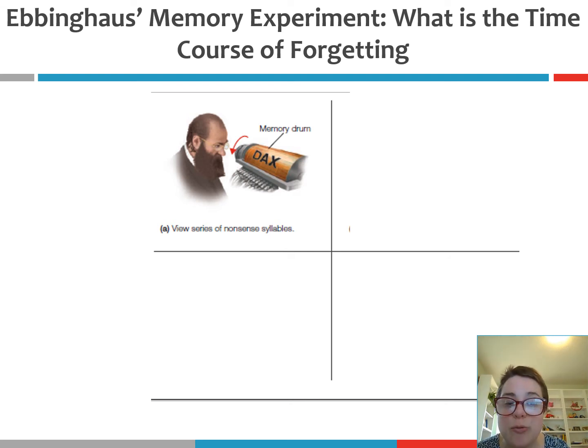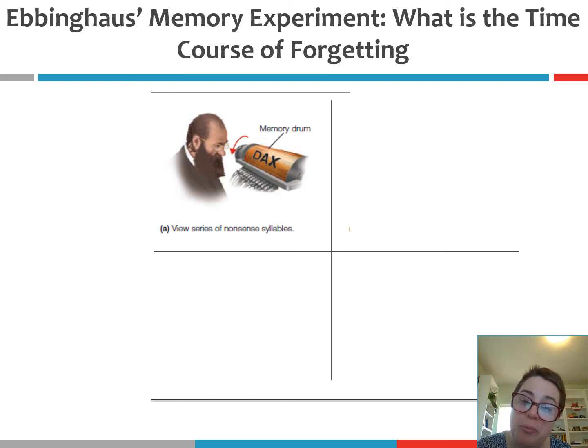So Ebbinghaus wanted to create basically the purest materials or the purest measure of memory that he could. And so he decided to use what he called nonsense syllables. These were basically 3-letter words that were non-words, but had the same phonetic properties of words. So for example, dax or lem.